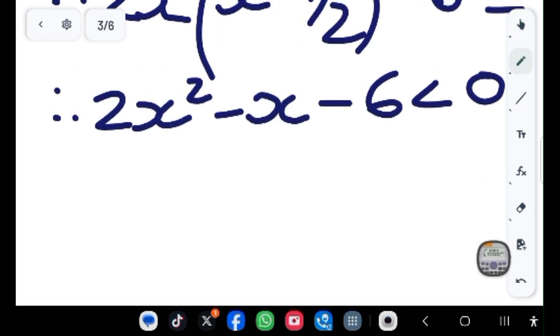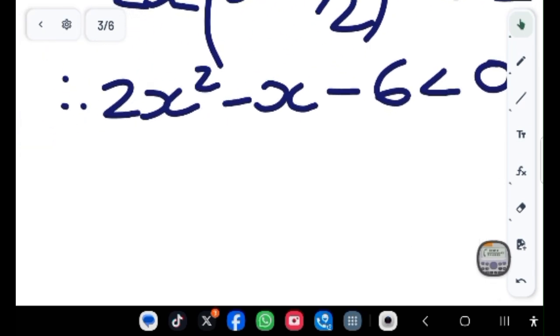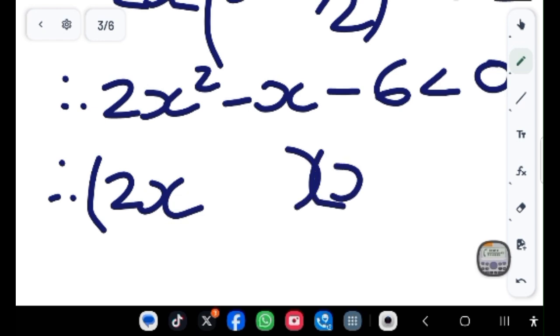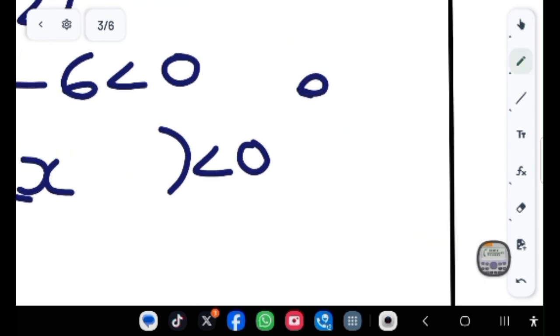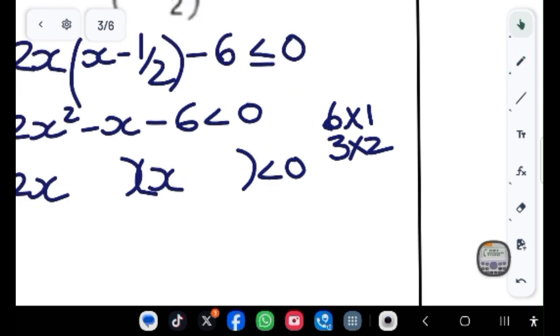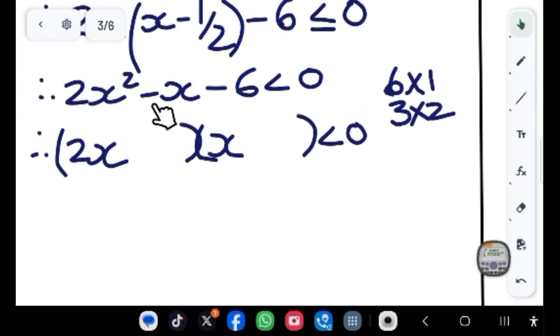Alright, now that gives us, okay, so now we factorize this. 2x, x. Now let's find the factors of 6: 1 and 3 and 2. Now the combination that will give us a minus 1 over there will be 2 and 3.